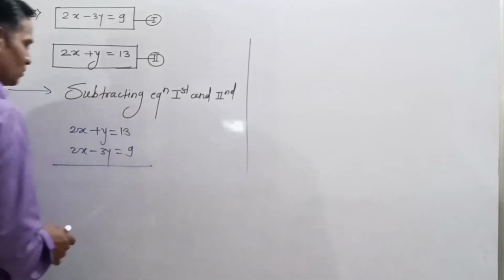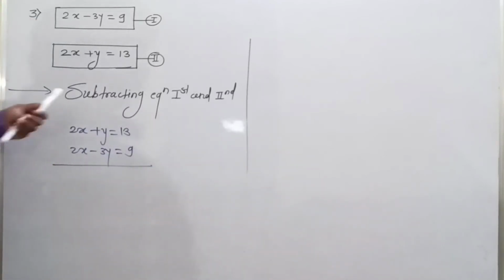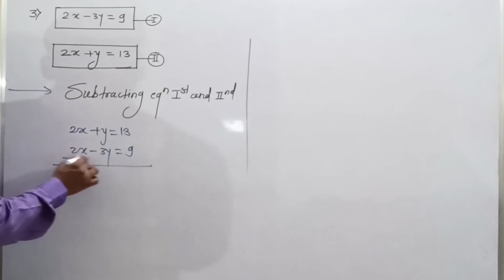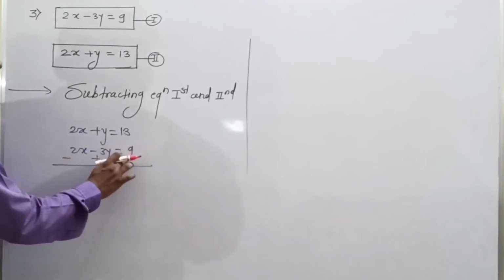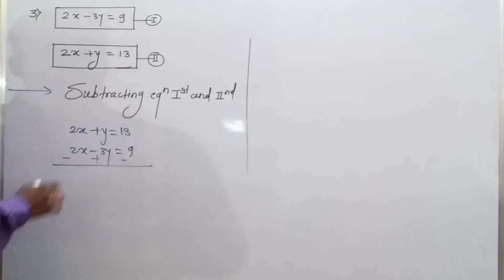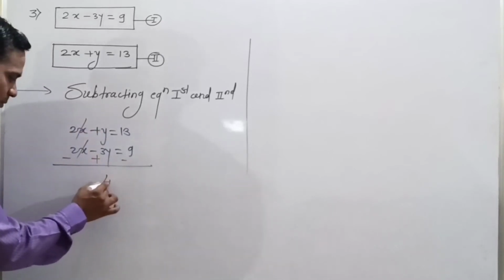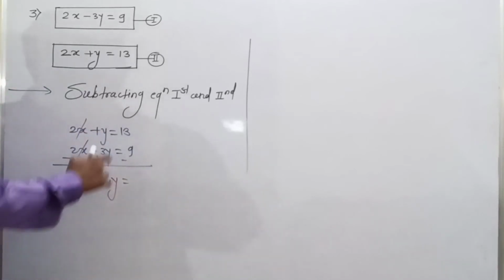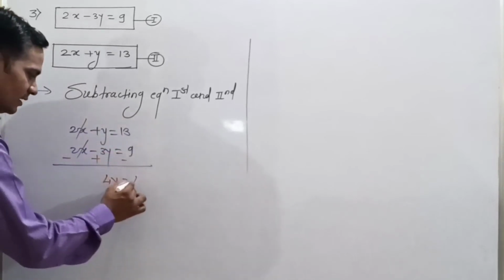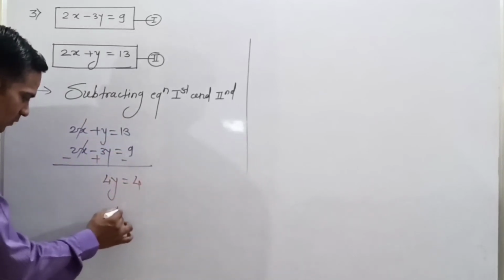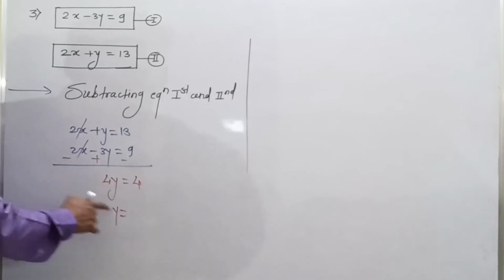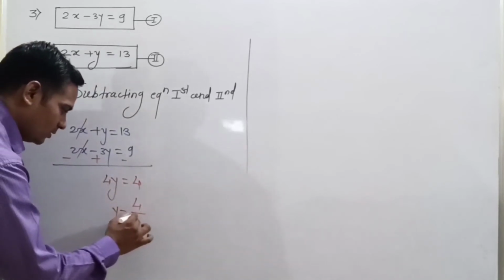Now these are the two equations. As we are going to make the subtraction here, that means the sign will change over here. So plus will become minus, this minus will become plus, and this will again be minus. Okay, so this plus minus will get cancelled. So this is plus 3y plus y, that means that is 4y is equal to, now this is 13 minus 9, that is 4. So let's find out the value of y. Transfer that 4 to the RHS. So 4 upon 4.